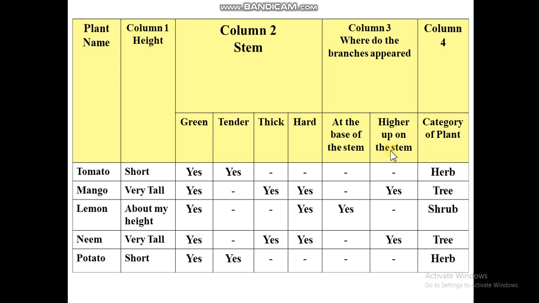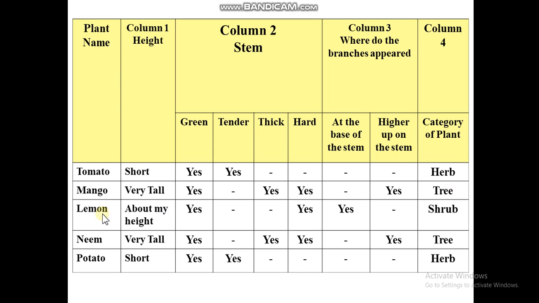When the stem grows up, then the branches can be seen; they do not grow at the base level. So based on these categories we can say that mango is a tree.